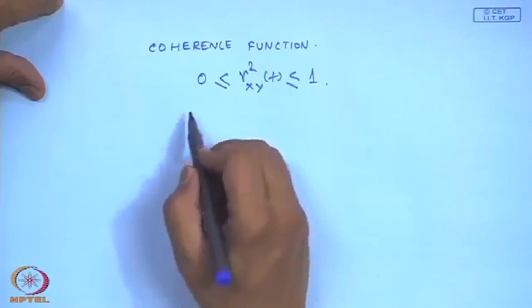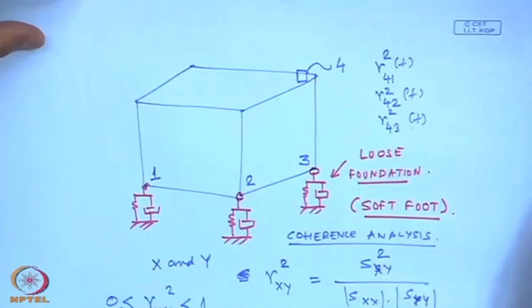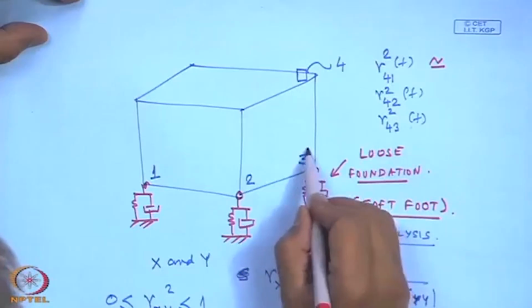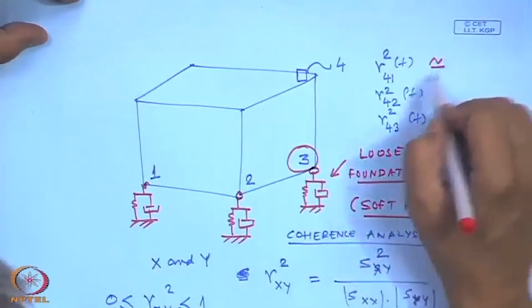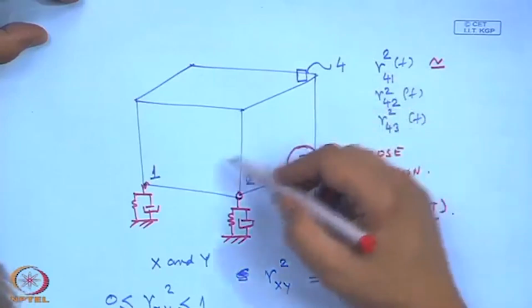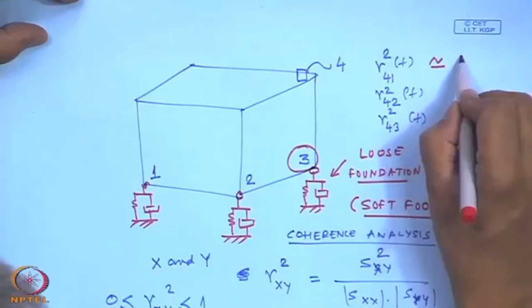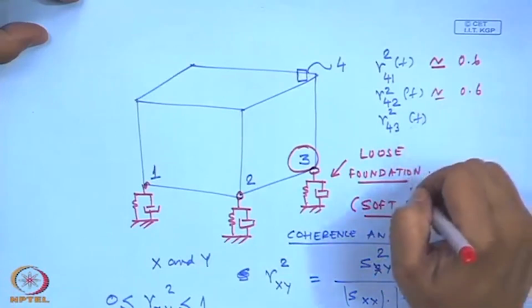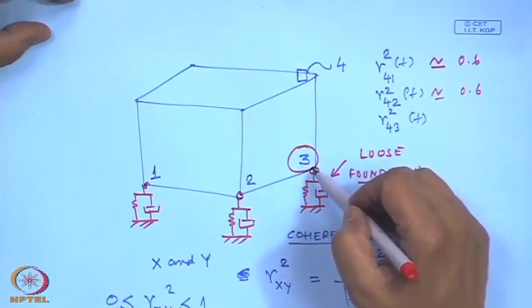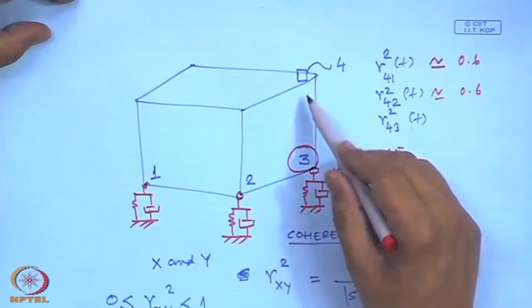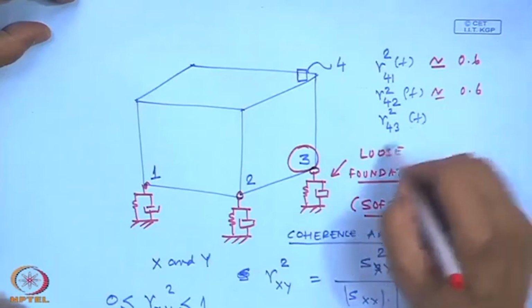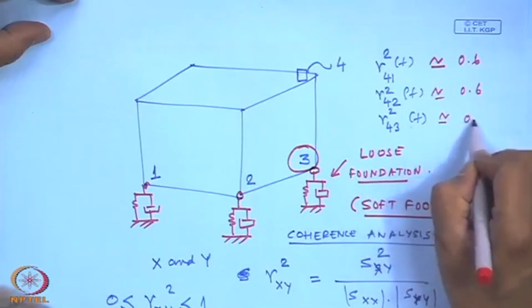So, when I measured the coherence, okay, you will see, for example, if number 3 is loose or having a soft foot, this could be of the order of maybe 0.5 or 0.6, and you will see that the vibrations at 3 are nowhere related to those at 4, because they are not connected to the system, because this could be very low.